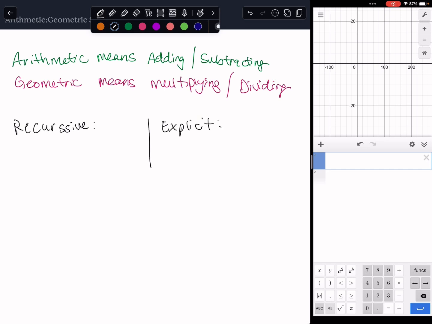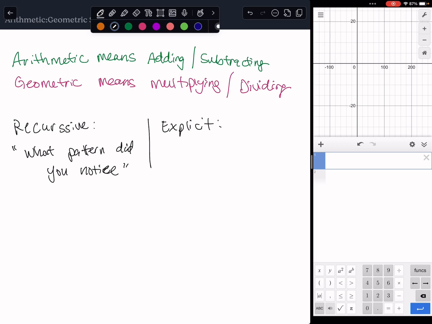Recursive pretty much means: what pattern did you notice? When you write your recursive formula, you are telling me what pattern you noticed.